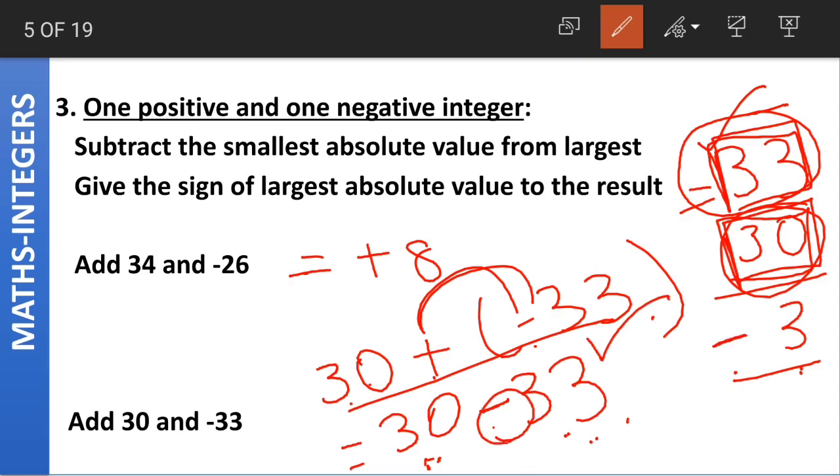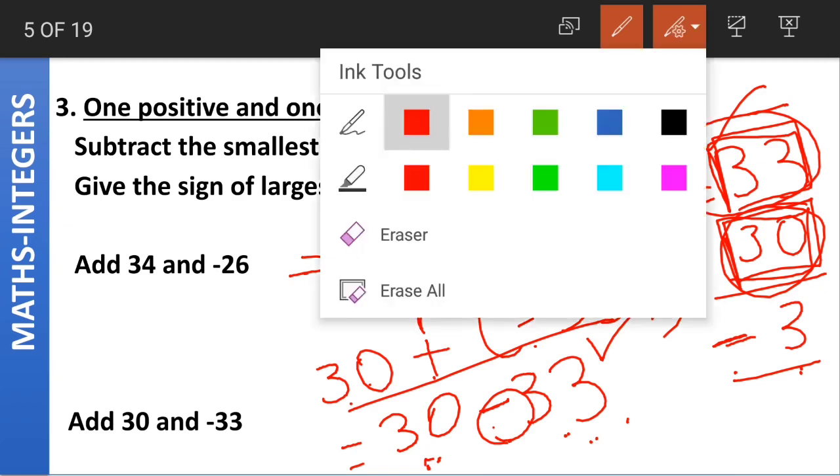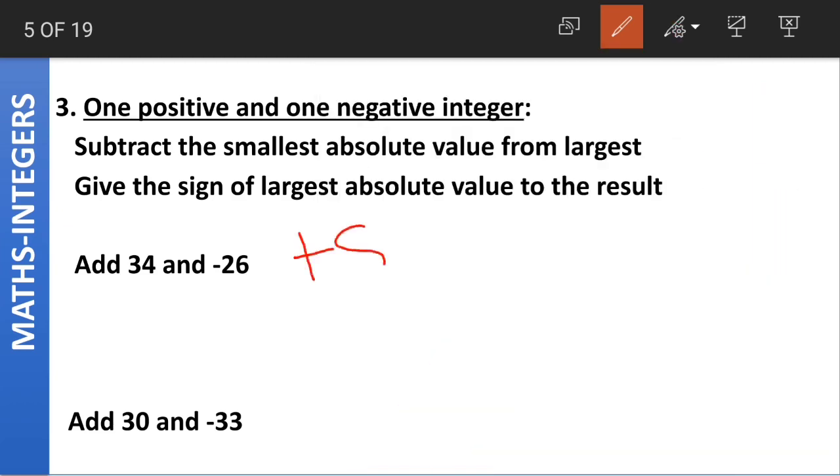So we put the negative sign in front of the answer, because the higher absolute value is of 33 and 33 has a negative sign. Is this clear, class? 34 minus 26 gives us plus 8 and 30 minus 33 gives us minus 3.